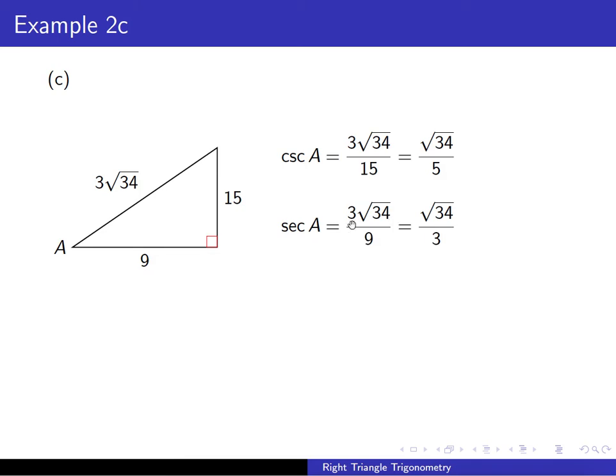For secant of angle A, we have hypotenuse over adjacent, so 3 square root of 34 over the adjacent side of 9, and then 3 over 9 simplifies to 1/3. So 1 times square root of 34 over 3. And finally, cotangent, adjacent over opposite, 9 over 15, and we can reduce that to 3/5.